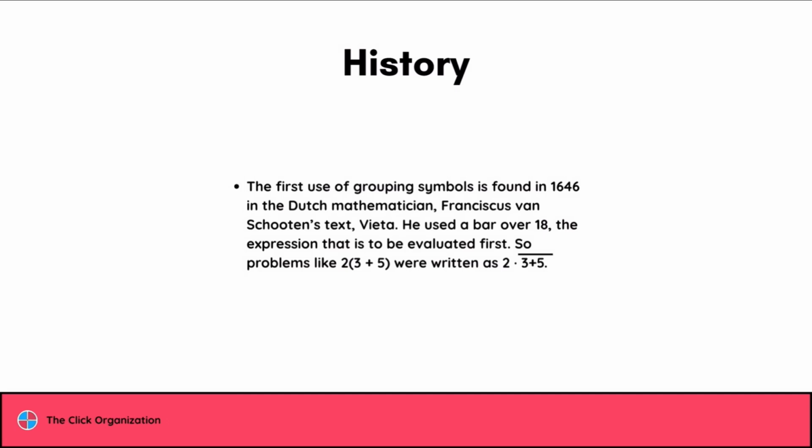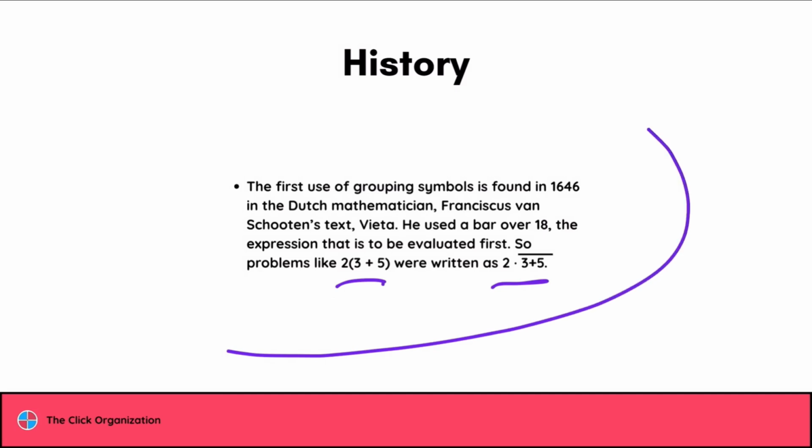He used a bar over the expression that is to be evaluated first. So problems like 2 times 3 plus 5 were written with a bar drawn on the numbers that were meant to be in the parentheses, okay? So this will be the history.